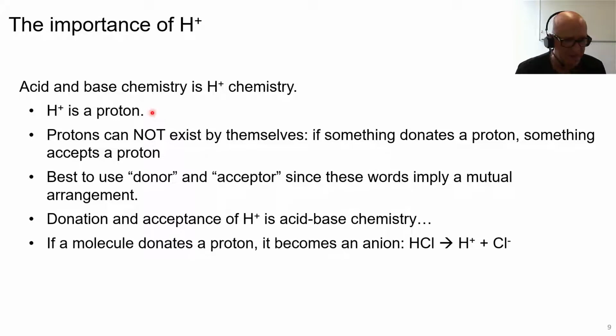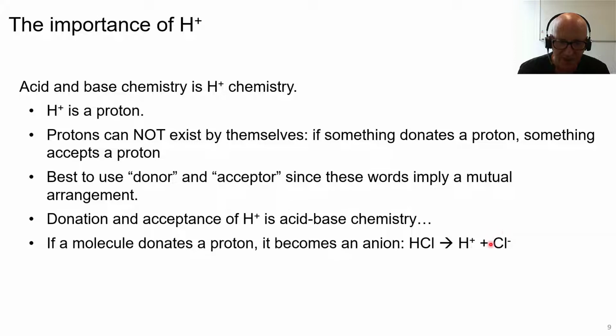So the next thing I want you to realize is that when you're looking at a molecule, as you know, molecules are not charged. Molecules are covalent compounds comprising atoms, and atoms themselves are not charged. Then what that means is if a molecule donates a proton to something, the bit that's left over has to be negatively charged.